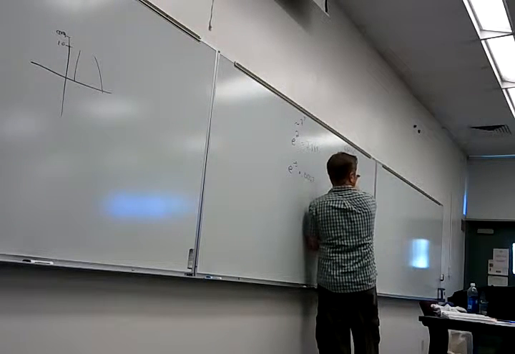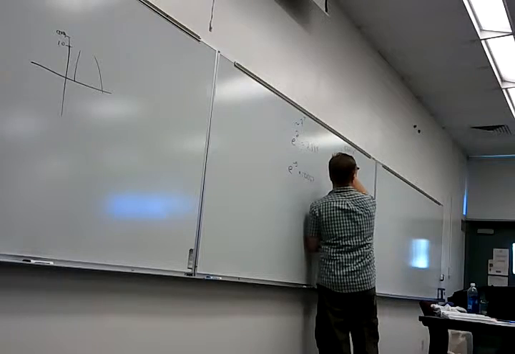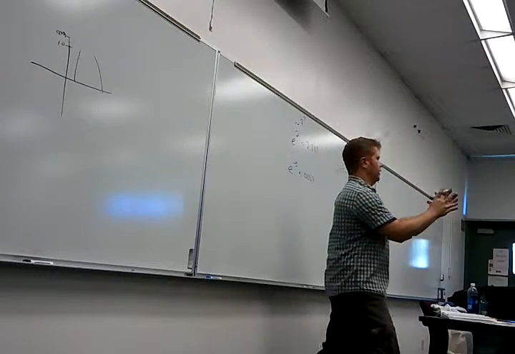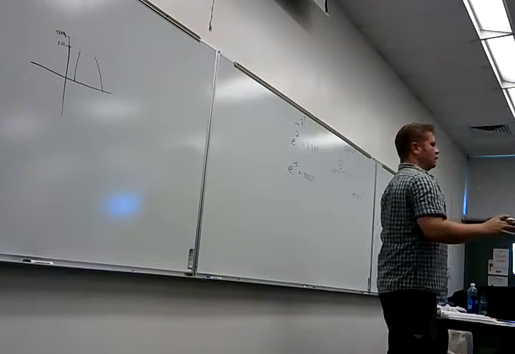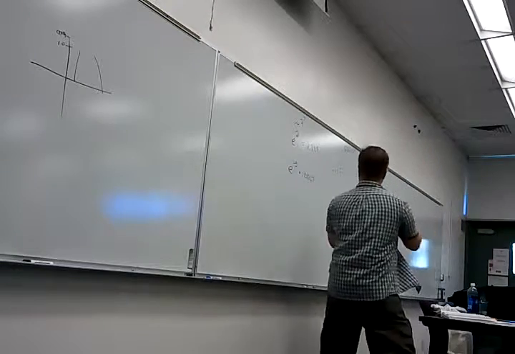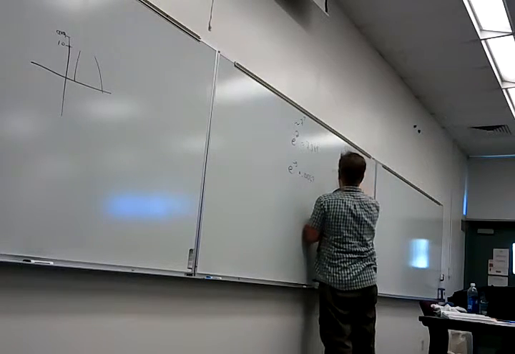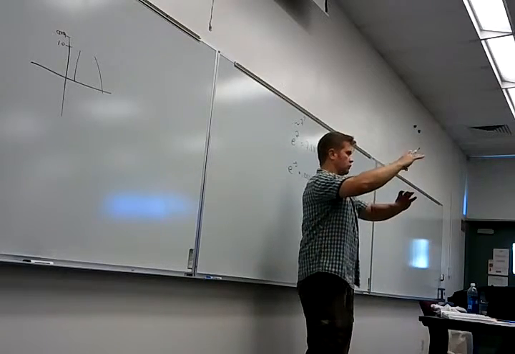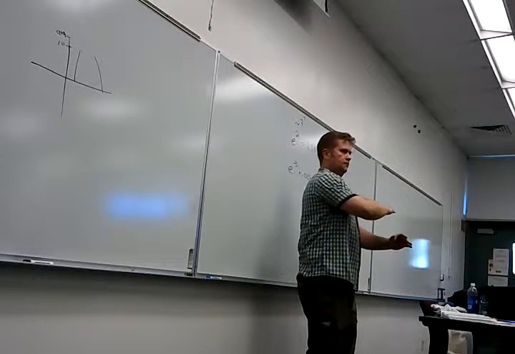And at 1 it's 2. Those are what I call my 3 anchor points. So if I have a problem where I have to shift the base graph, I graph those points and then I move those around. Because that gives me the shape. I know it's going to go crazy up from there, and I know it's going to go really close to 0 there. I just need those 3 points to really get the shape.